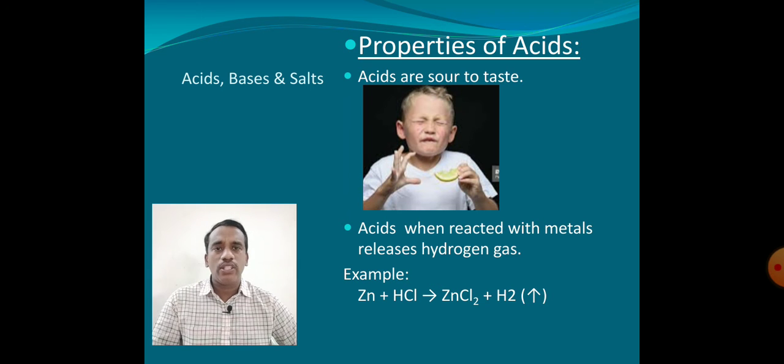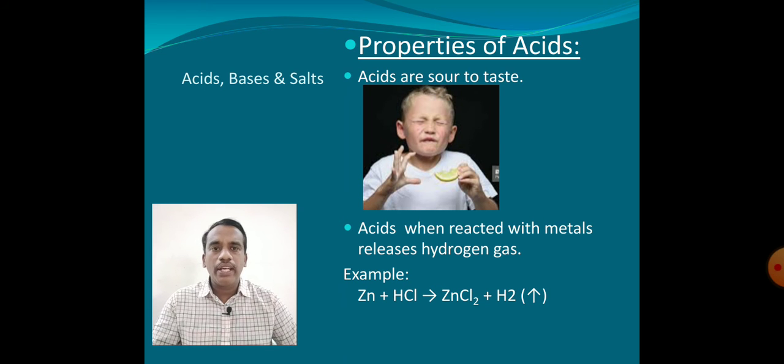Do you know why? The reason is this. The copper container is a metal, and the acid generated when the curd is stored for a few days reacts with the copper container and releases hydrogen gas, and that changes the taste and smell of the curd.